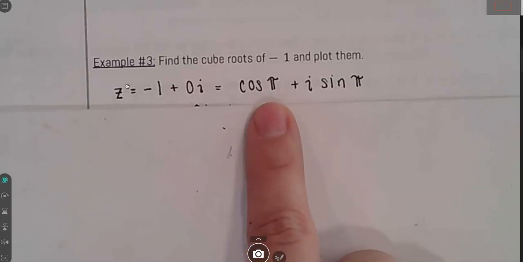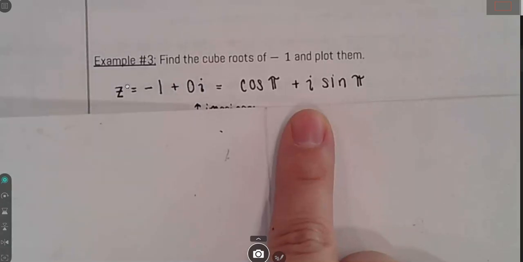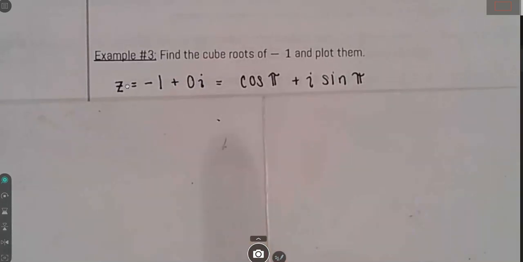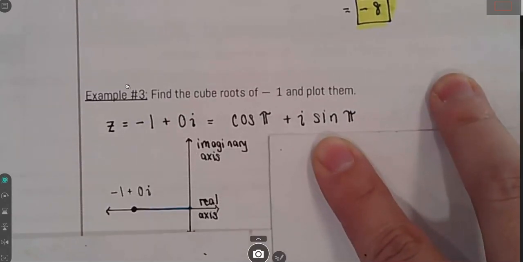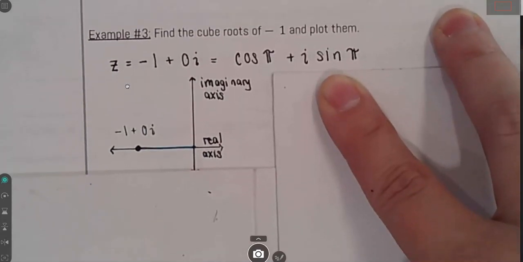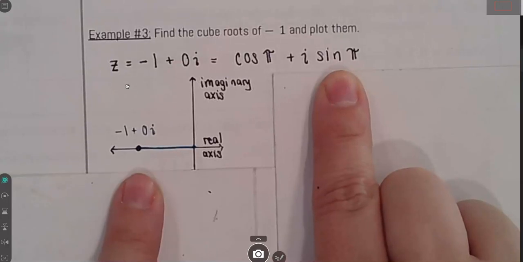And I kind of gave away the angle, so I might as well just show it. -1 plus 0i gives us pi as the angle.